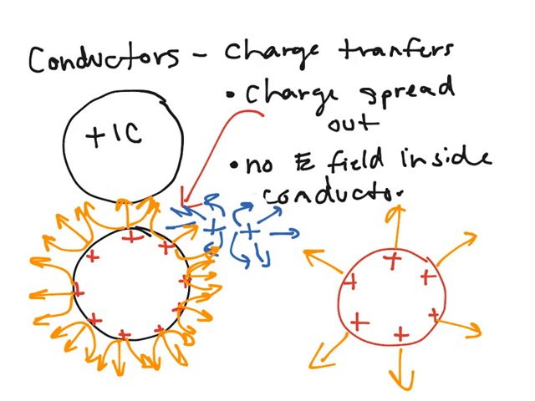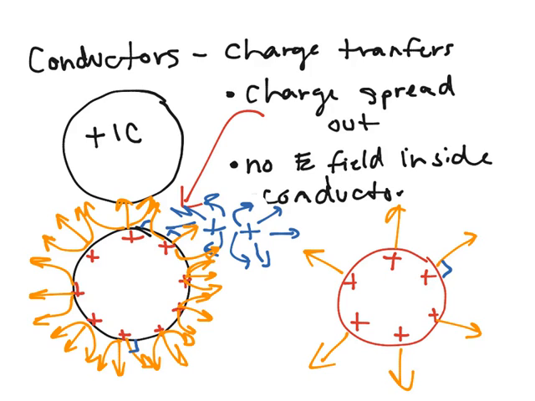Because there is nowhere else to go, it definitely does not want to go inside. So all of your field lines are going to be perpendicular to your surface, even if I didn't draw them well enough. And there is no electric field inside a conductor.